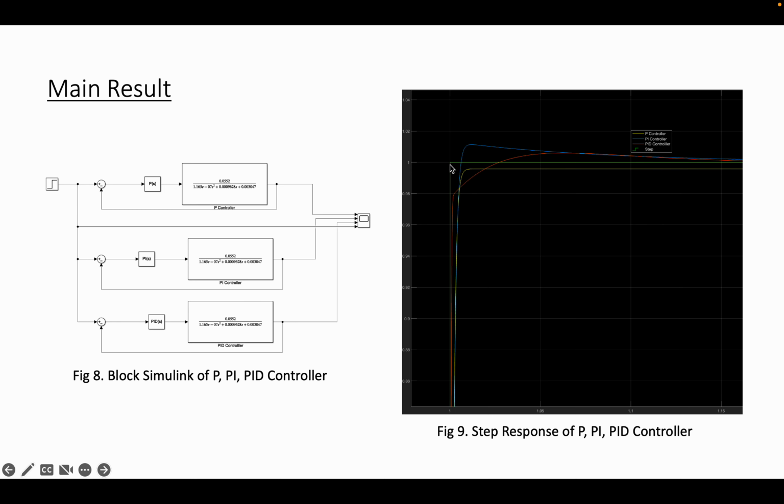The green line is the step response, and the blue line is the PI controller, which has higher overshoot than the other two controllers. The red line is the PID controller. This is the best controller that I choose, and the yellow is the P controller. The P controller cannot reach the set point, so I didn't use this controller. So I decided to use the PID controller to compare with the MPC.